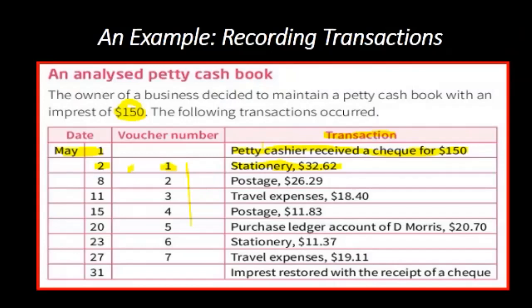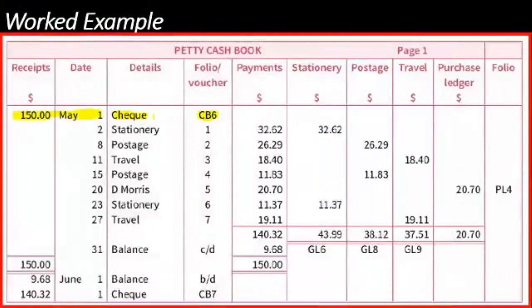And you will record it in the cash book. This time you are paying money, so you enter it in the payments column. And the details is stationery. It takes place on the 2nd. And the voucher number is number 1.